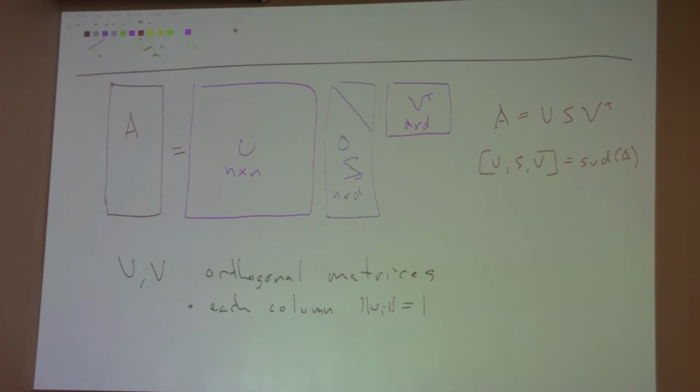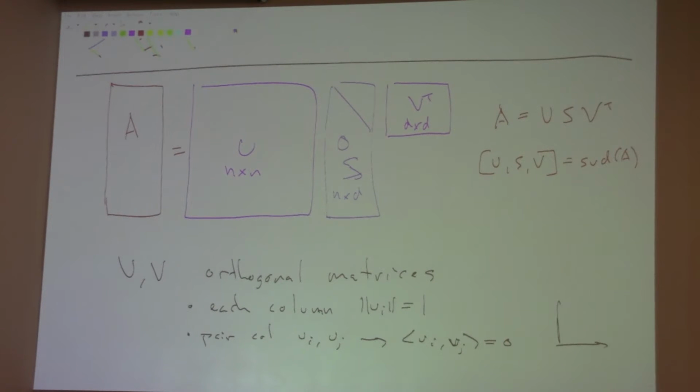And for each pair of the columns, u_i and u_j, we're going to have that u_i dot u_j is going to be equal to 0. So what does it mean if the dot product of two vectors is equal to 0? It means they're orthogonal to each other, yes.